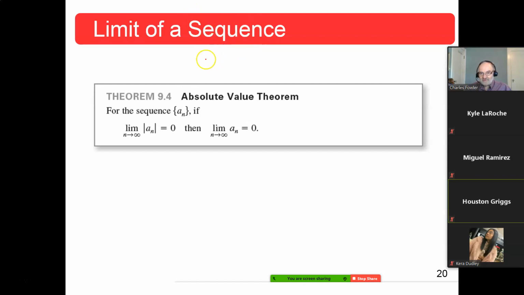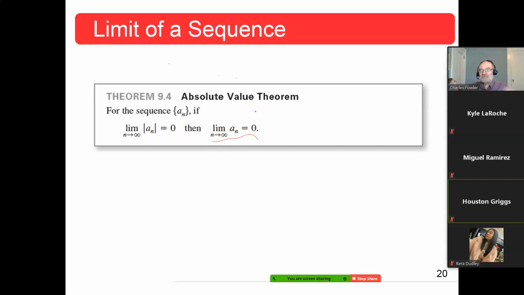Where is it here? Come on, show up somewhere. There it is. Okay. These could be alternating plus minus plus minus plus, but if the absolute value of that, those are always positive. If that limit is 0 when they're all positive, then if they're alternating but getting closer to 0, then that one has to be.